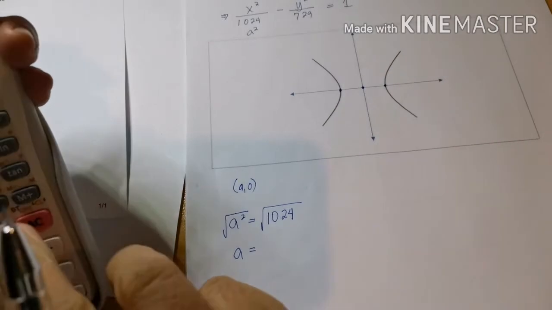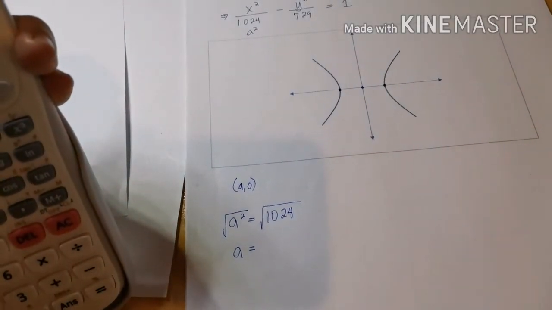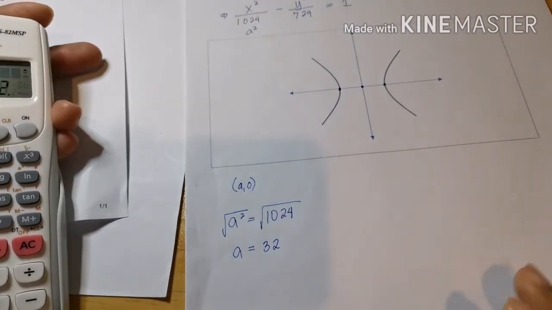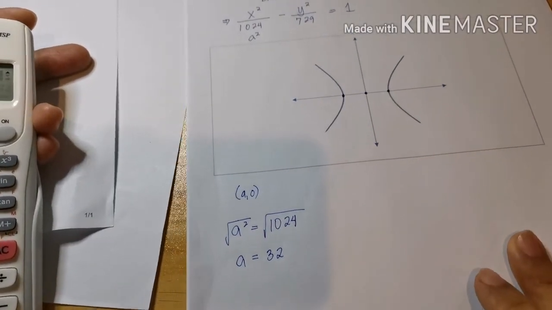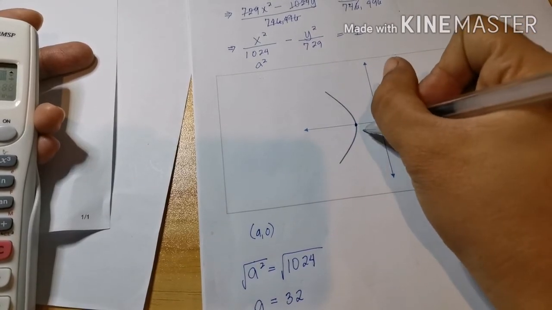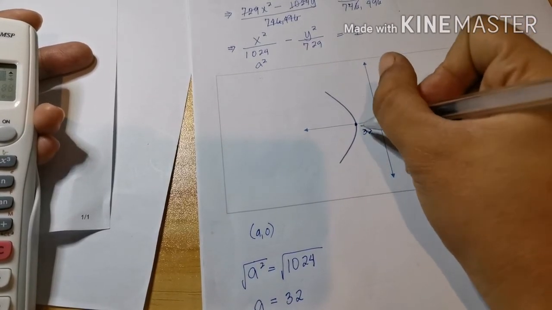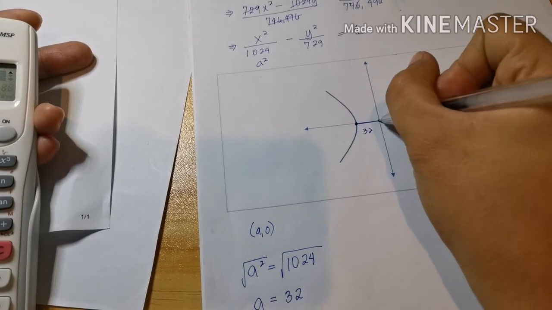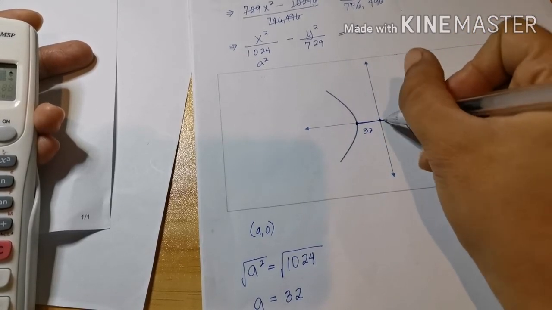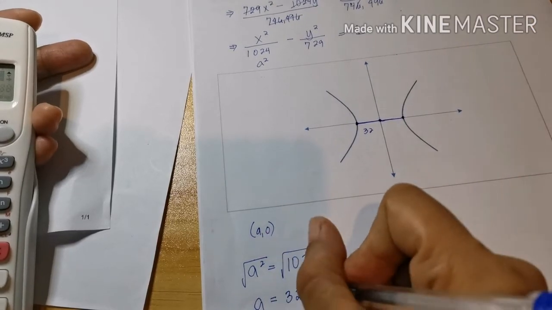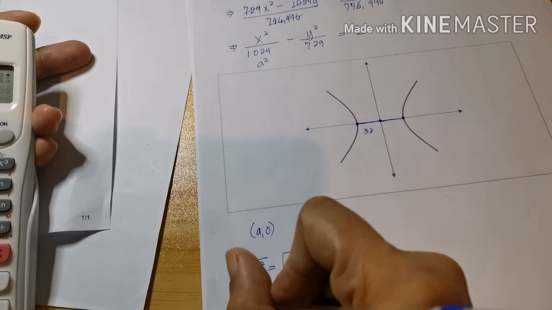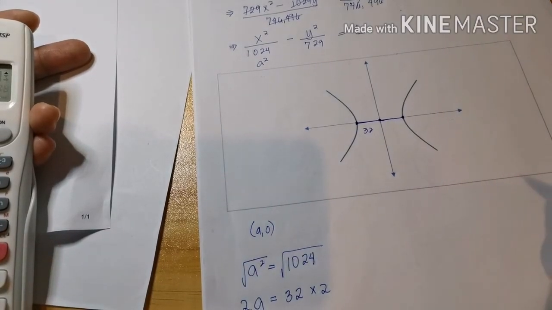The square root of 1,024 equals 32. So, ang a daw natin ay 32. Isa lang yon kasi a, at ang kinukuha natin ay hanggang doon. So, imumultiply natin ng 2 ito to get the final answer. So, magiging 2a siya.